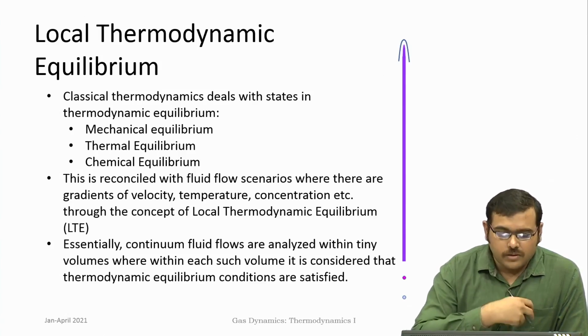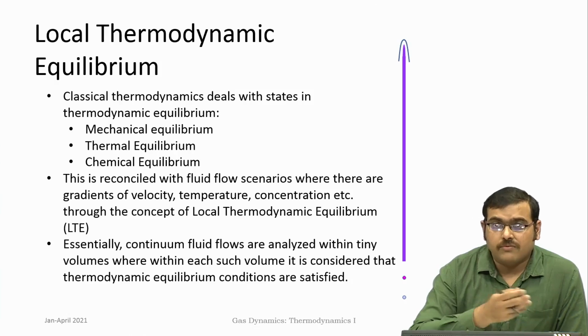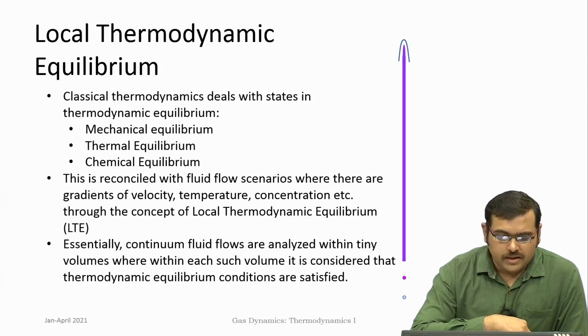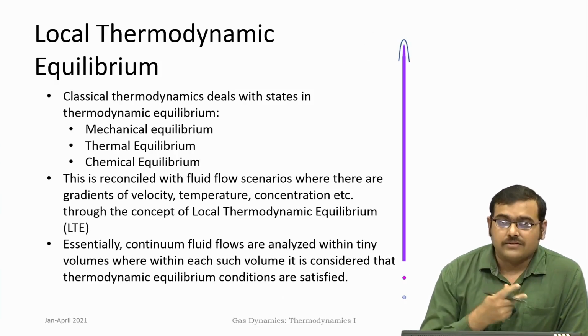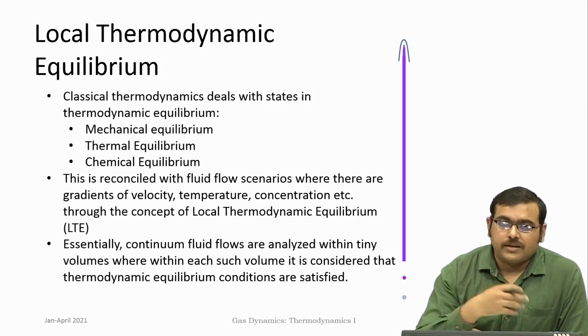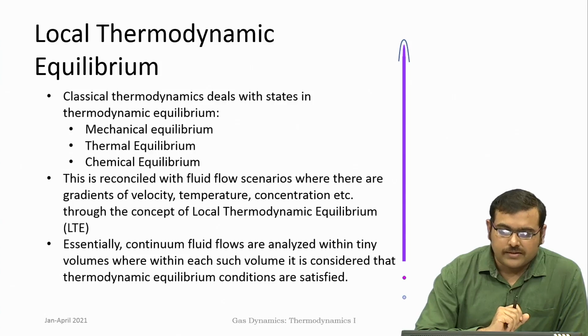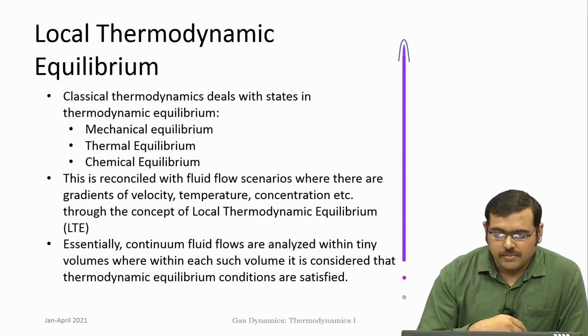But when we look at several fluid flow scenarios, globally if you take the whole fluid flow, you may see there is a lot of change happening within the flow. You need to apply certain forces to make the flow move, and there are large changes in temperature and pressure.